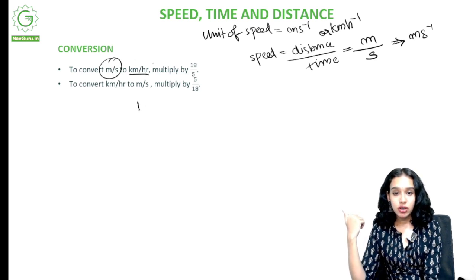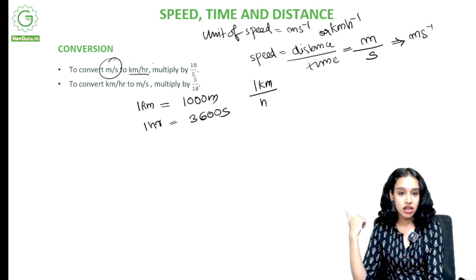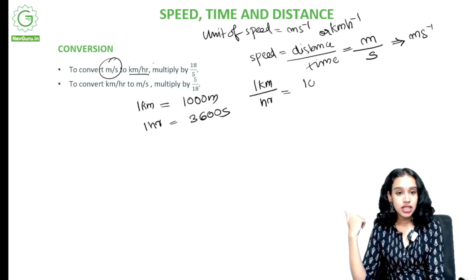So, let's see. 1 kilometer is equal to 1000 meters, right? And 1 hour is equal to 3600 seconds, right? So let's say what is 1 kilometer per hour? 1 kilometer per hour is equal to 1000 meters per 3600 seconds.